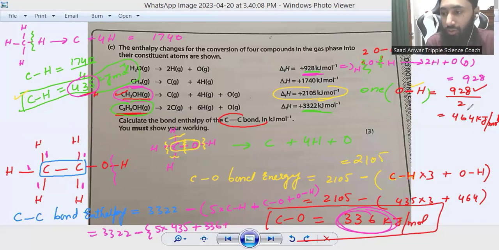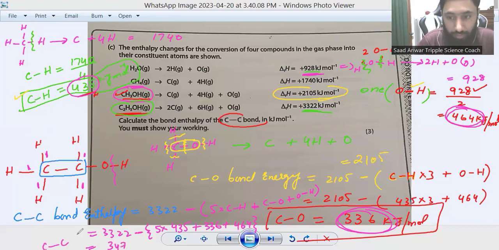The oxygen-hydrogen bond you got from here, 464. Put this in the calculator and try to solve it. 347, very good. 347 is the carbon-carbon bond enthalpy. You can write it down if you want.